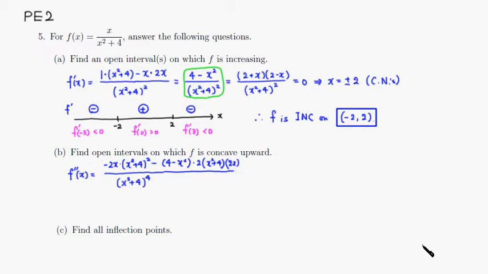Then we're going to pull out the common factors. First we have a 2x here and another 2x there, so I'm going to pull out 2x. And we have x squared plus 4, and there are actually two of those here, so I'm going to pull those out.